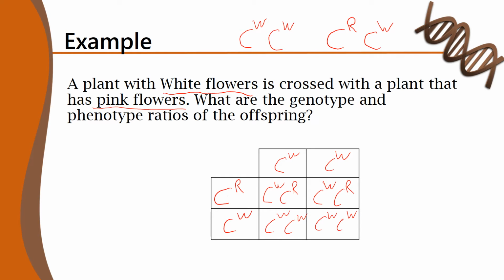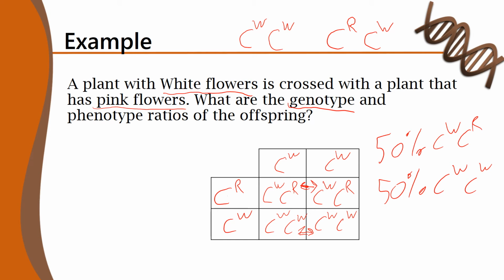And then the question asks, what are the genotype and phenotype ratios of the offspring? So the genotype would be, we have here these two the same and these two the same. So we have 50% are heterozygotes, CWCR, and 50% are homozygous for CW.